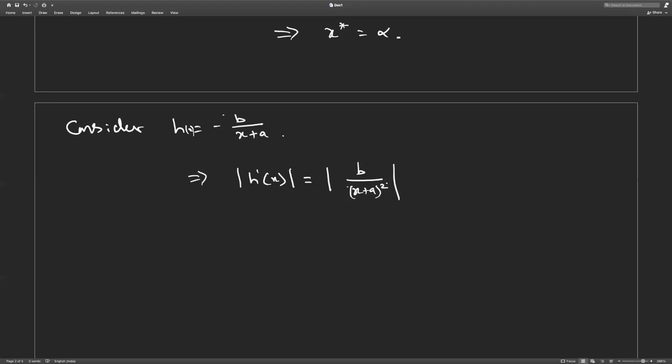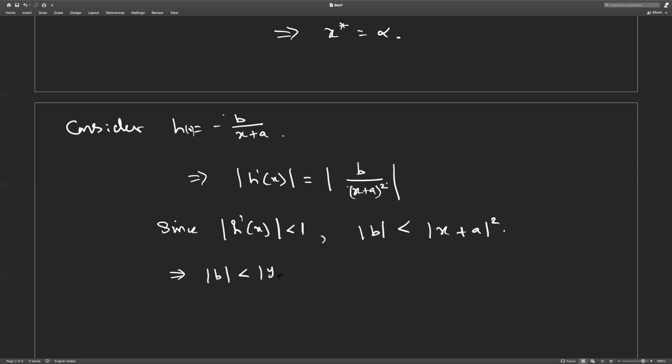We have assumed that h satisfies all the hypotheses of the convergence theorem. Therefore, mod h dash of x has to be less than 1, and that implies mod b is less than x plus a the whole square.